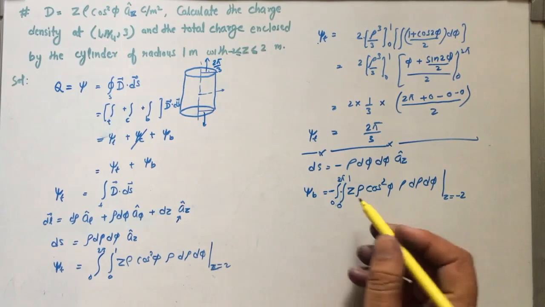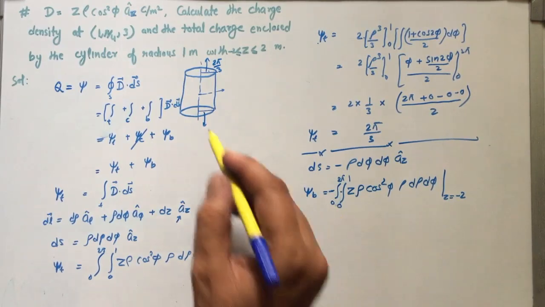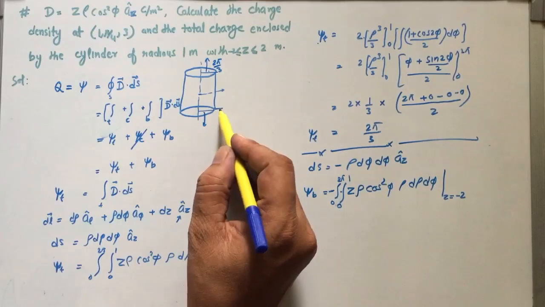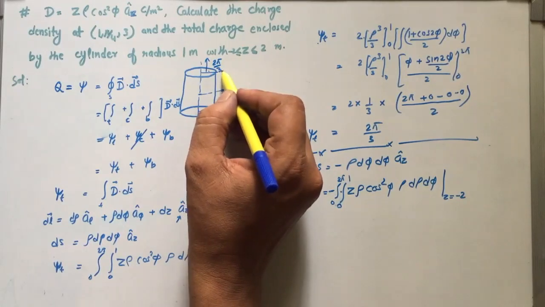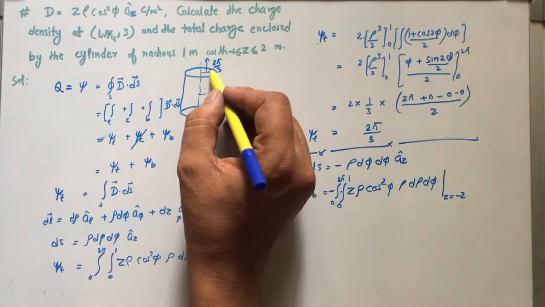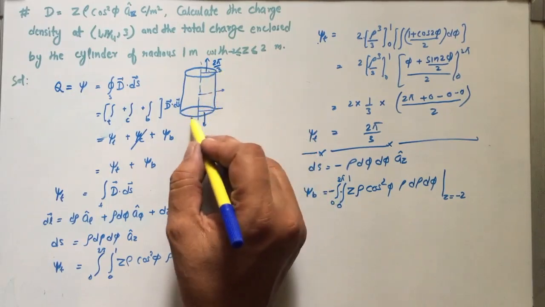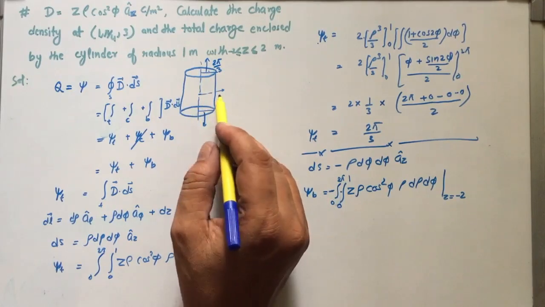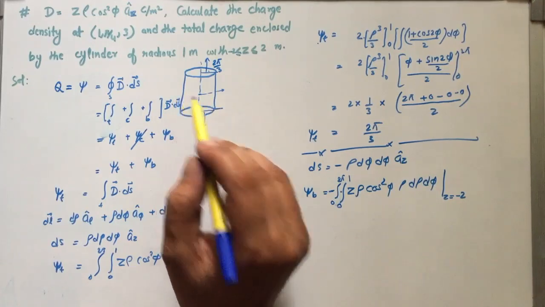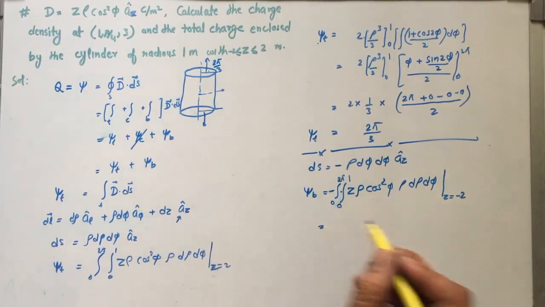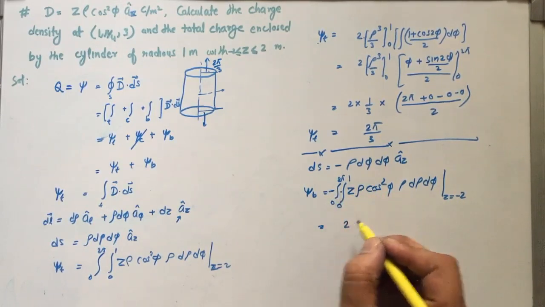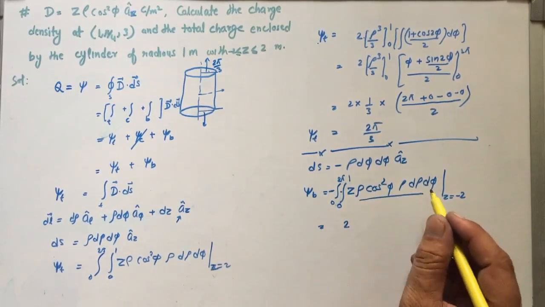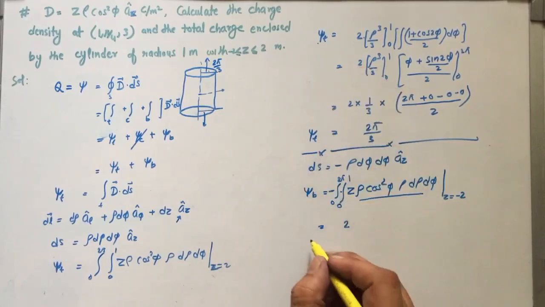If you put z is equal to minus 2, because the bottom surface lies at z equal to minus 2 and the top surface lies at z equal to 2. So for this z is considered as plus 2, for this z is considered as minus 2, and when we put this, then minus 2 will be here and it will be plus 2, and the remaining thing will remain the same as in the previous case.